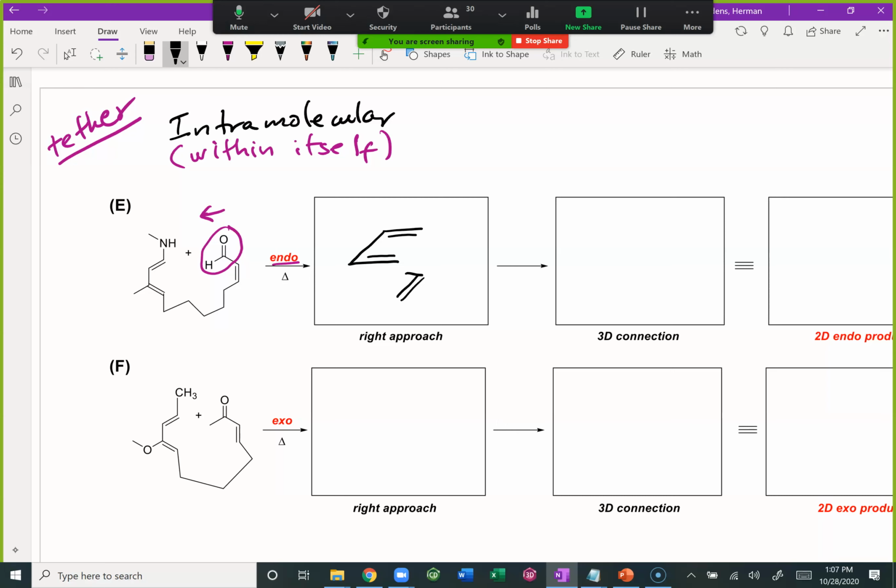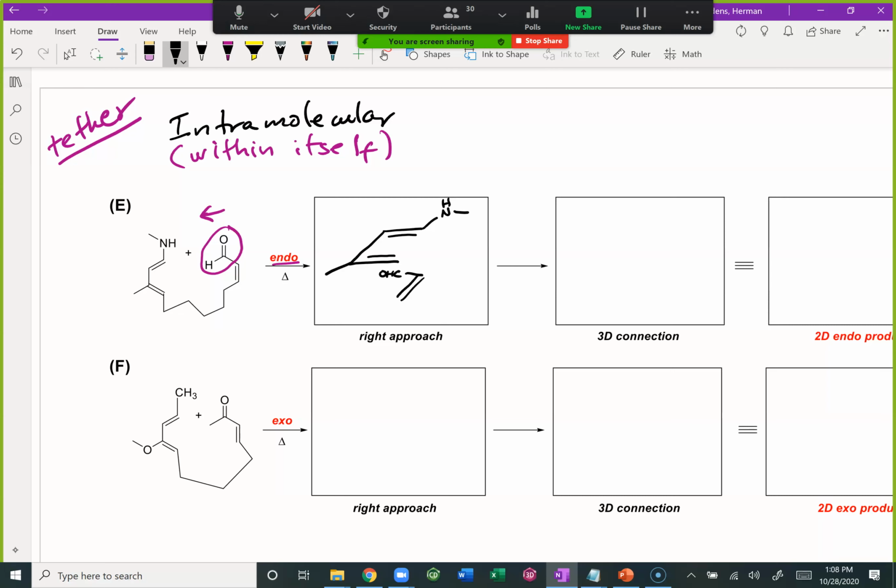And this one will have a CHO group right there. So notice that's the aldehyde group. Right here, I will have an NH methyl. And over here, I have a methyl group. No, not there. I'll have the methyl group right there.